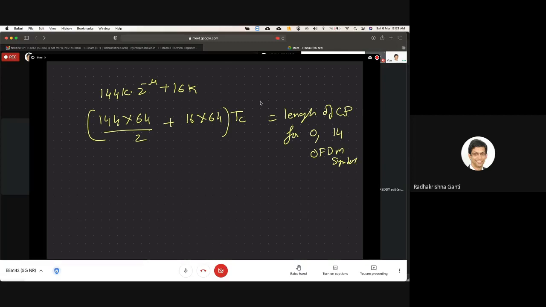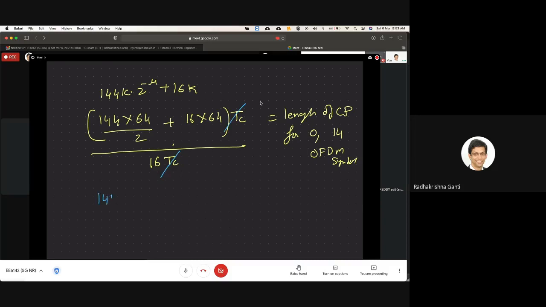What was it in terms of number of samples? If you want to find out the number of samples for the 100 megahertz bandwidth and the 30 kilohertz subcarrier spacing, our sampling time duration is 16 TC. Then TC gets cancelled. If I simplify this, 16 goes 4 times.